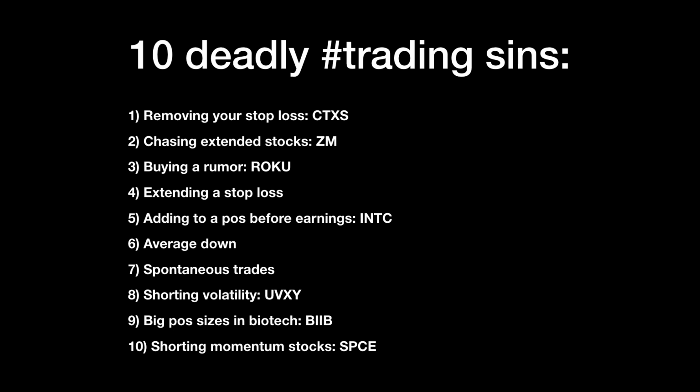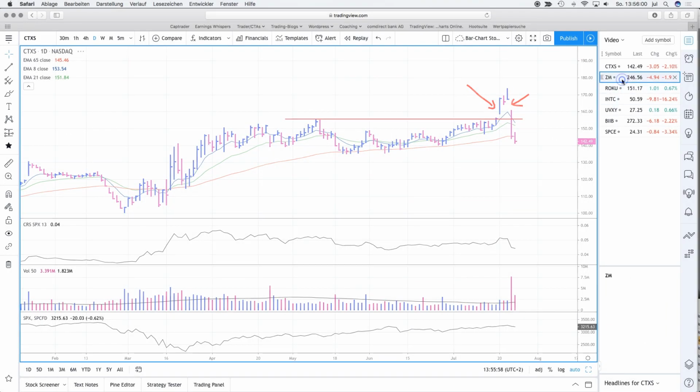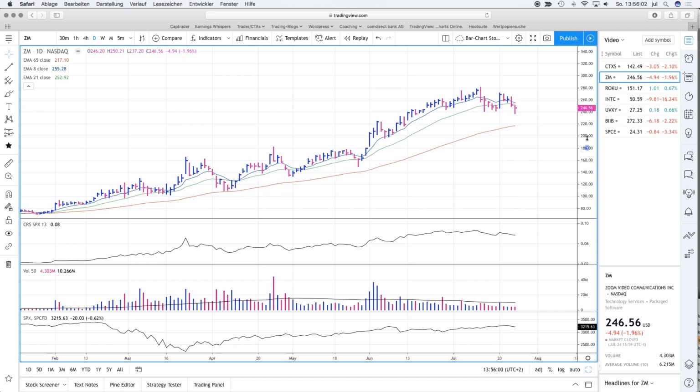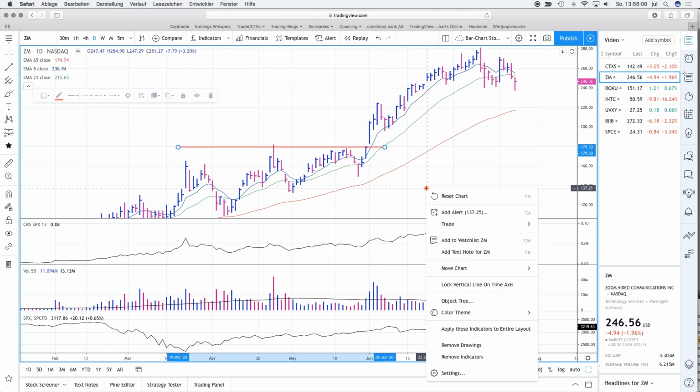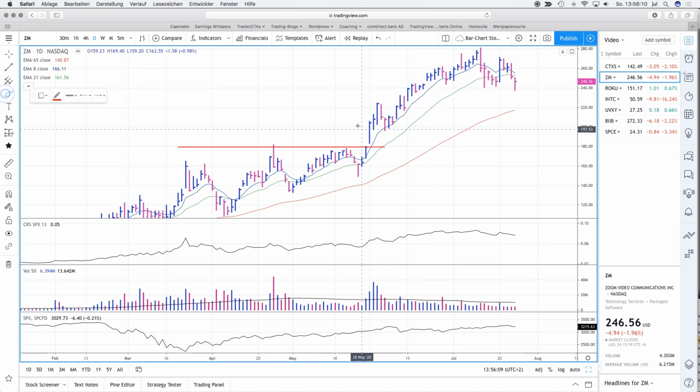I prepared an example here. This is Zoom. Zoom had some very nice rallies, and you can see that Zoom also built a base here, broke out very quickly, and ran up 3 days in a row.